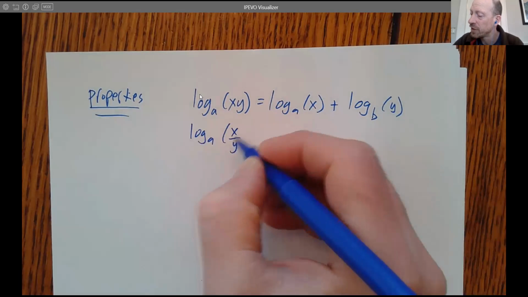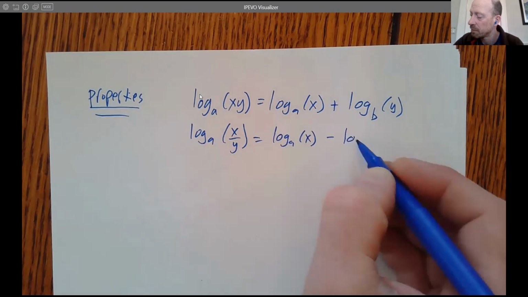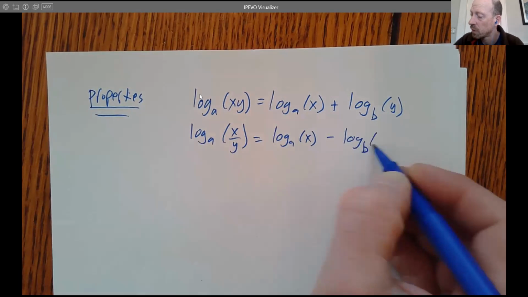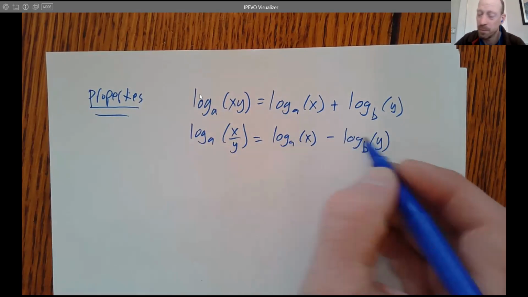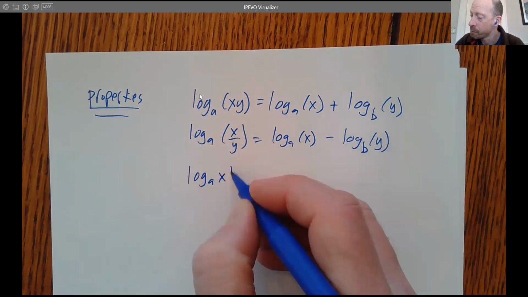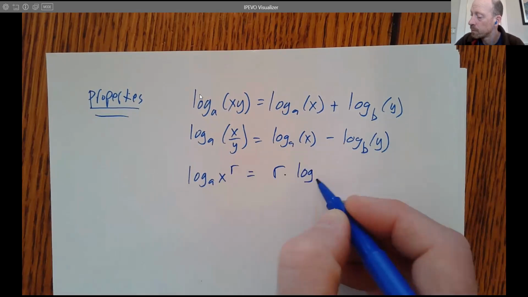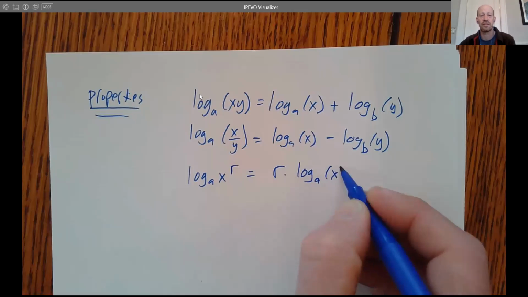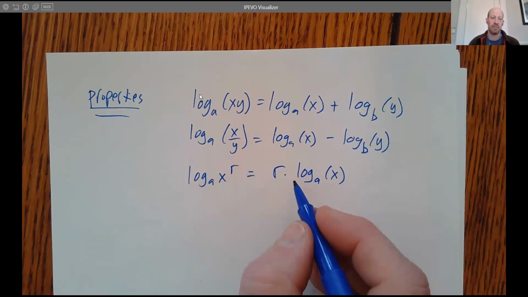If you do division, it turns out it's almost the same thing, but again, because of exponents, dividing is really like subtracting the exponent. And if you have x to a power, you can bring that power out in front as a multiplier.